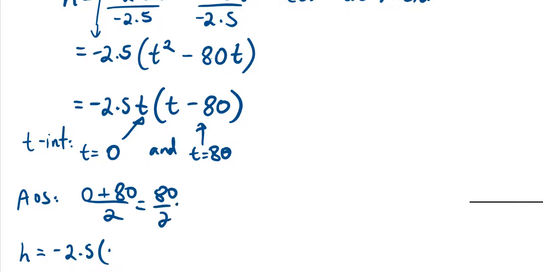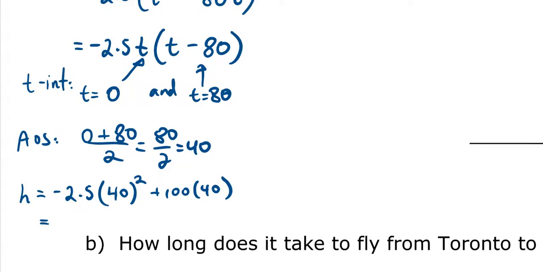And then divide that by 2 is 40. So my axis of symmetry is 40. That's what I'm going to substitute. I can also find the height for our vertex using the equation negative 2.5 t squared plus 100 t. So 40 squared, plus 100 times 40, which equals 4,000 if I evaluate the entire equation. So h equals 4,000. Therefore, my vertex is the x-coordinate, which is the axis of symmetry at 40, and its corresponding h-coordinate, which is 4,000.